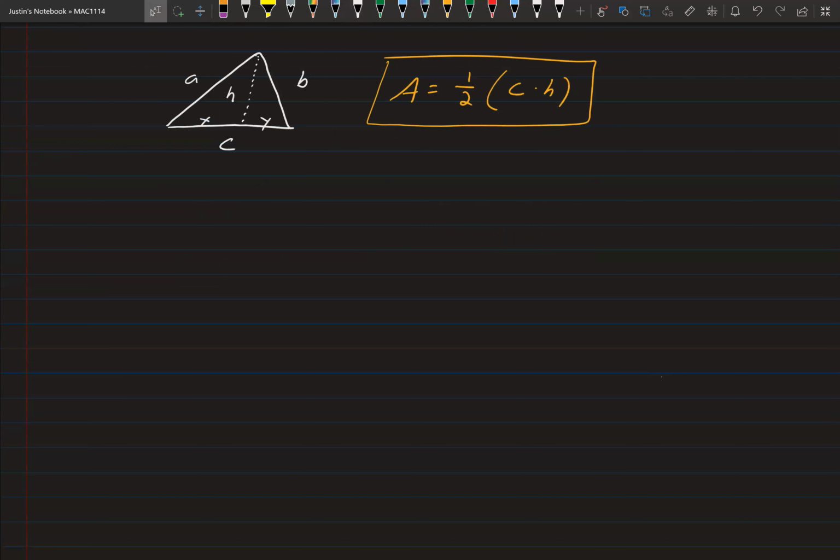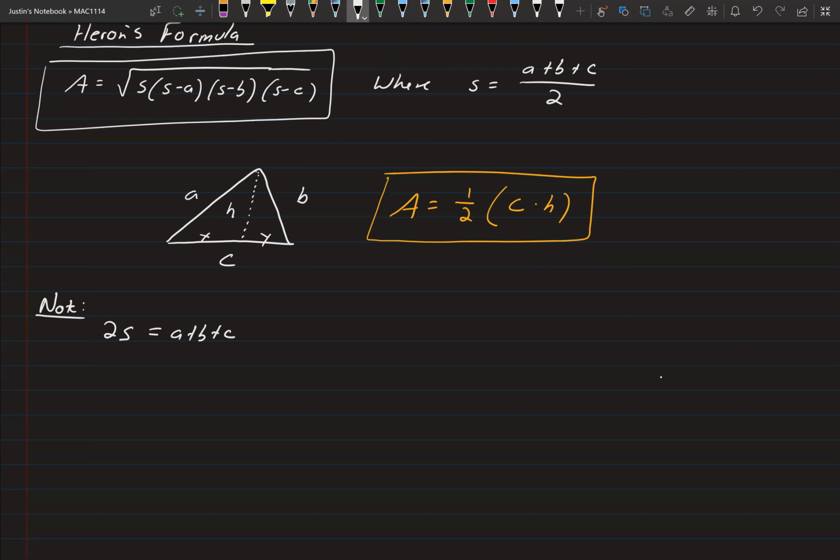So my first note: 2S would just be A plus B plus C. If I double the semi-perimeter, I'm just going to get A plus B plus C. That's pretty clear.